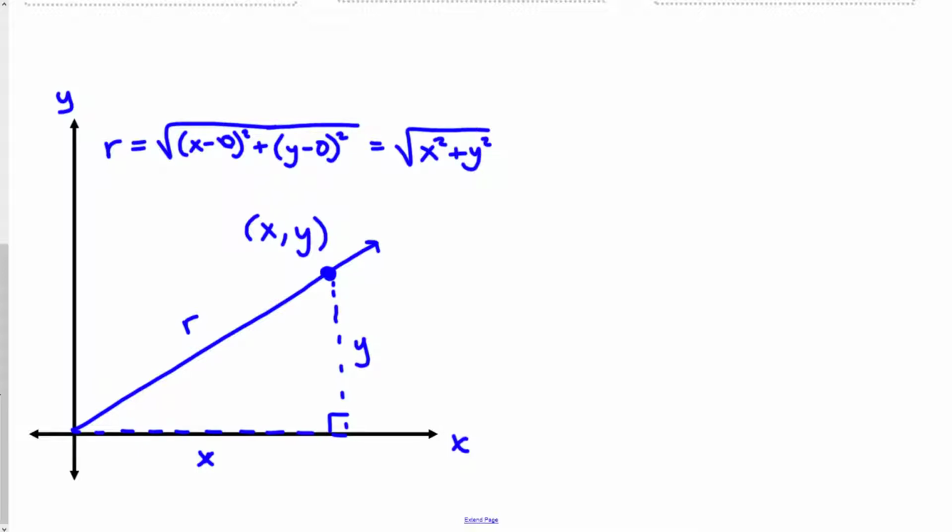Now, if I think of this as my observed angle, and I'll label it theta, then basically I can say sine theta is equal to what we just learned from SOHCAHTOA: the opposite side over the hypotenuse. Well, the opposite side is right here. It's length y.